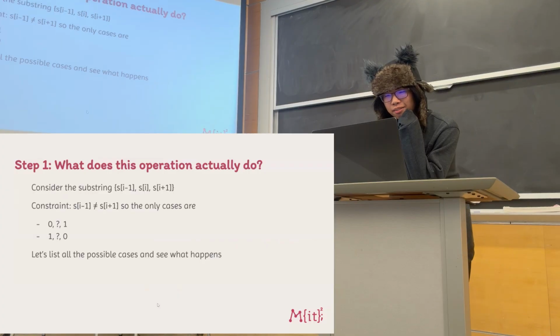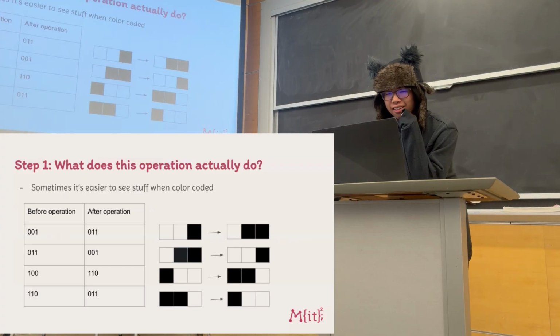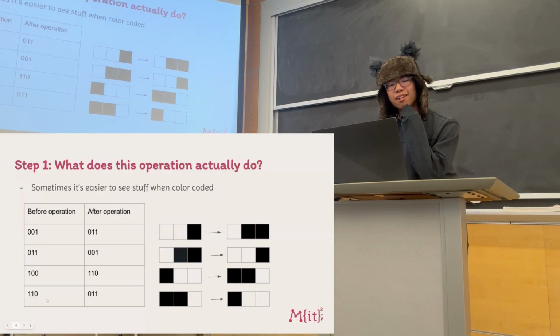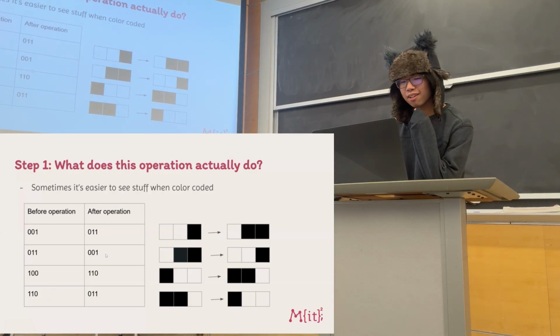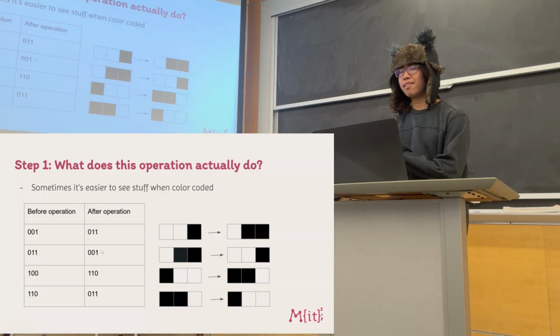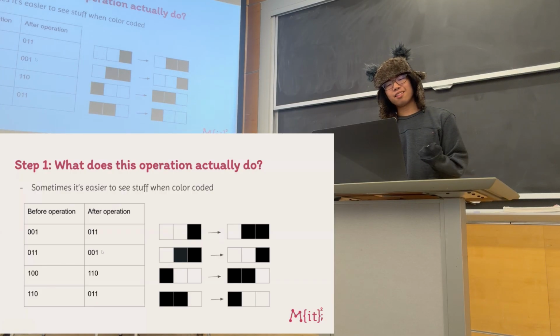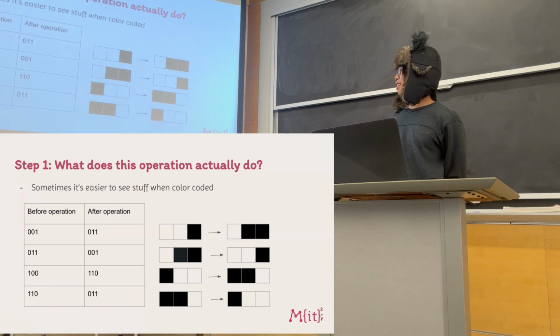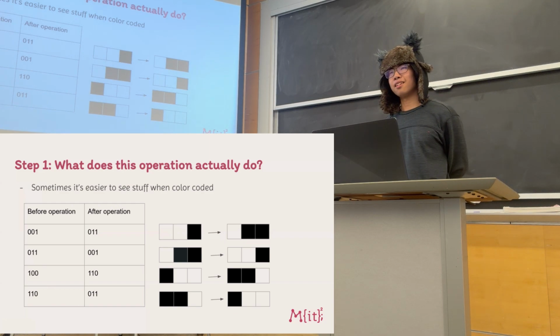A pretty common way to think about these problems is instead of zeros and ones, you have colors like black and white. So there are 4 possible binary strings that you're editing. 001 becomes 011, 011 becomes 001, 100 becomes 110, and 110 becomes 100. Does anyone notice anything about these operations?